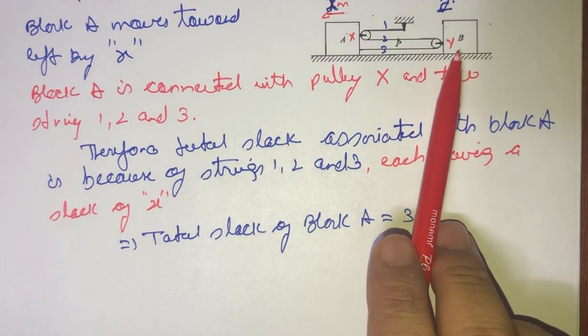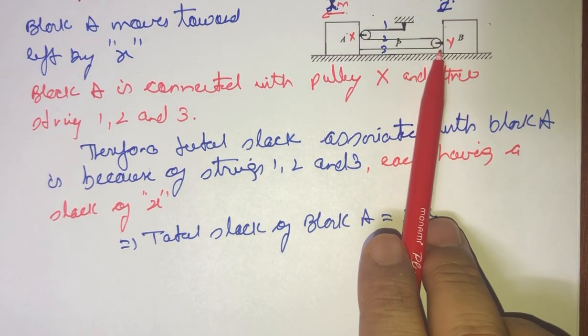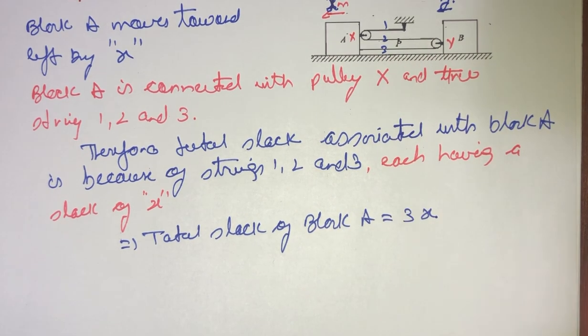Block B is connected with only one pulley, that is y, and it is having two strings connected, 2 and 3.